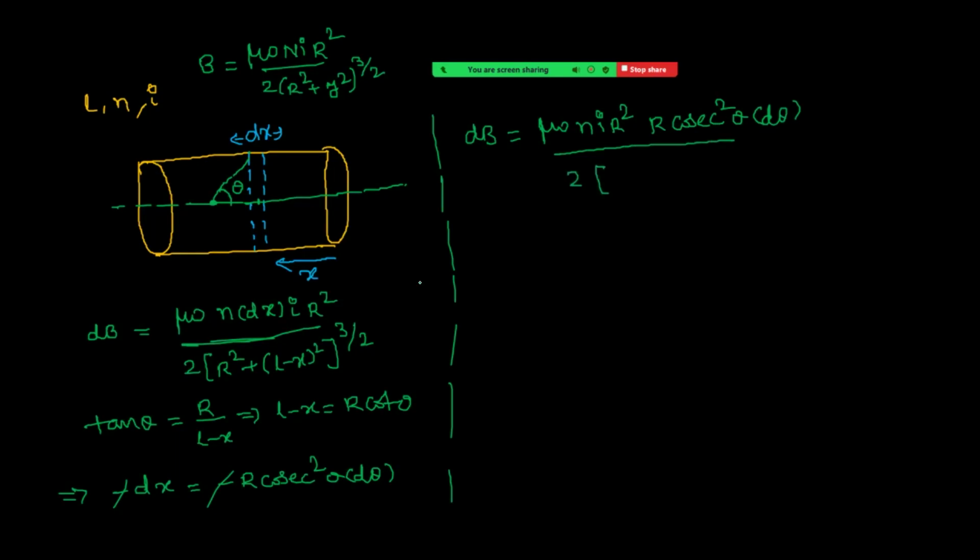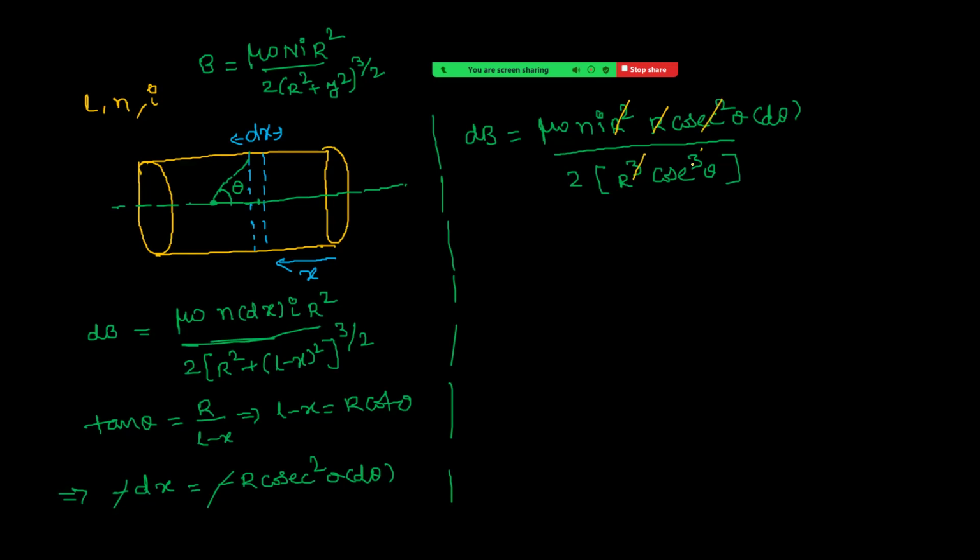2 into, so here R square plus R square cot square theta, it is R square cosecant square theta whole power 3 by 2. So it becomes now 2R cube cosecant cube theta, right? Now see the calculation. R square and R cube get cancelled.